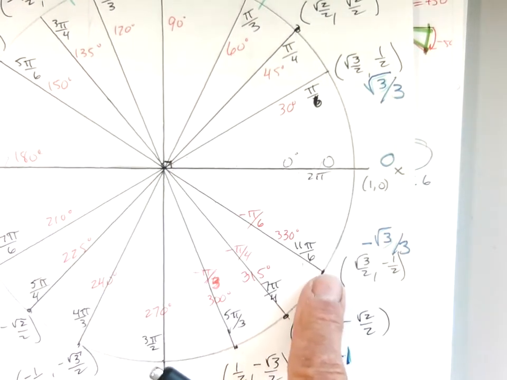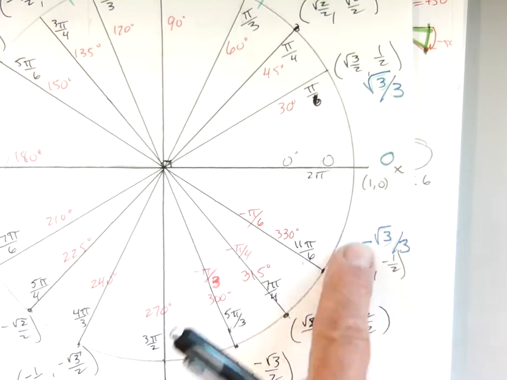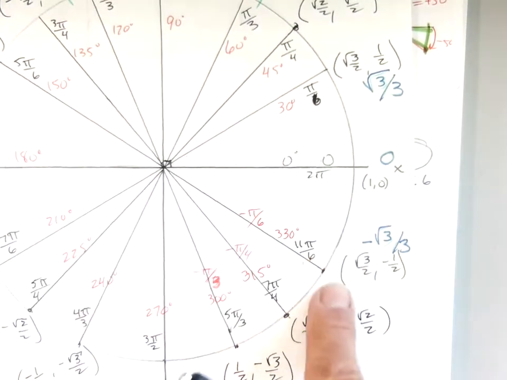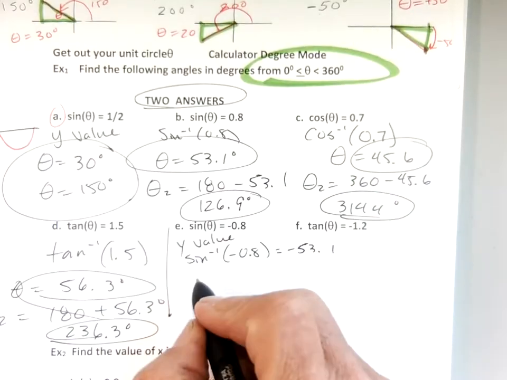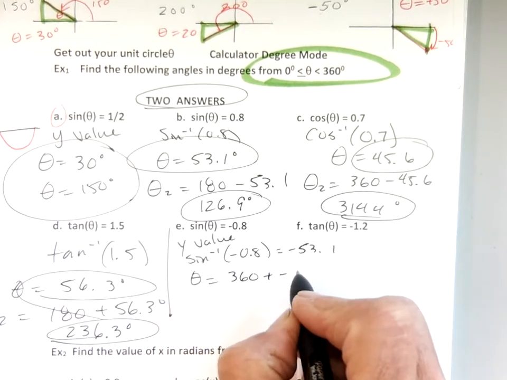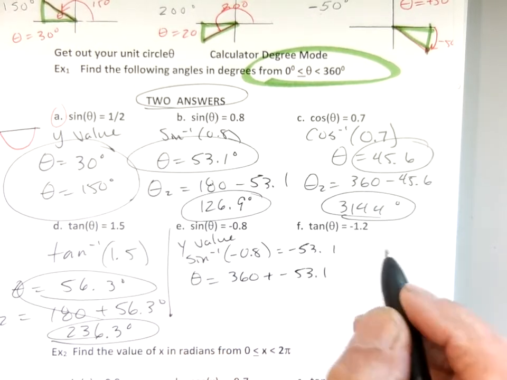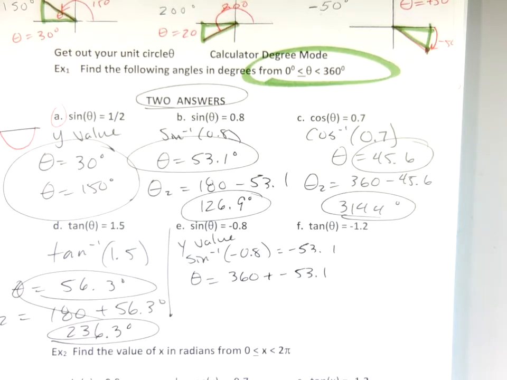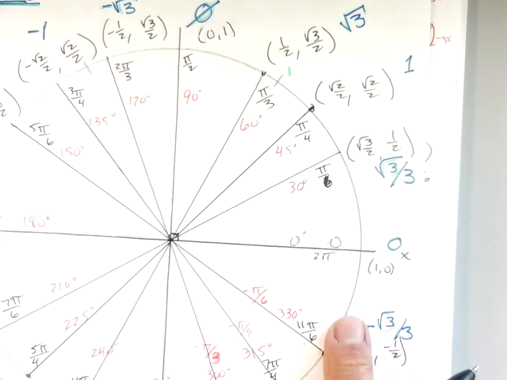So if I take my negative 53 degrees and rotate it all the way around the circle, I'll come back to it. So I'm going to go 360 plus my negative 53.1. And I'll get the exact same spot, but I'm rotating my tire all the way around to it, okay?